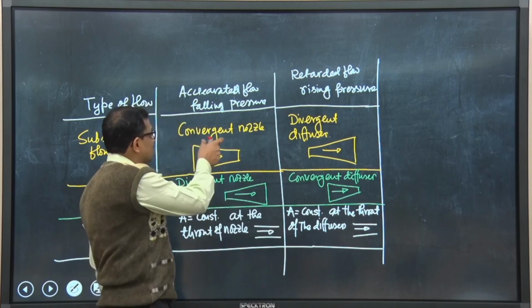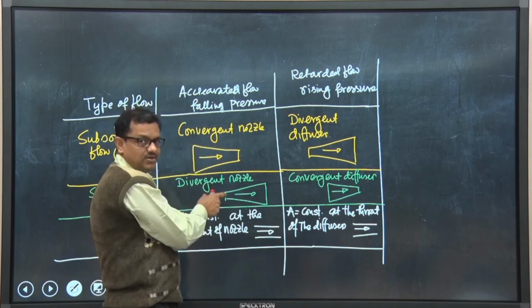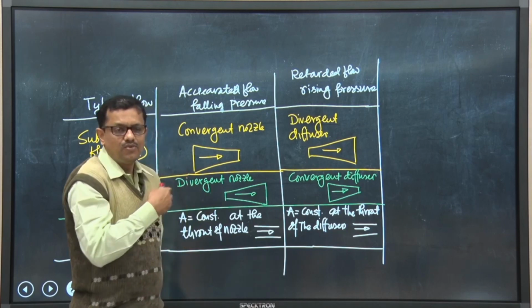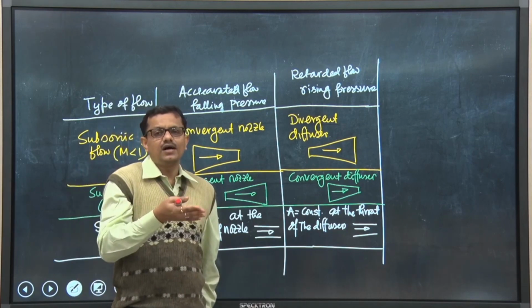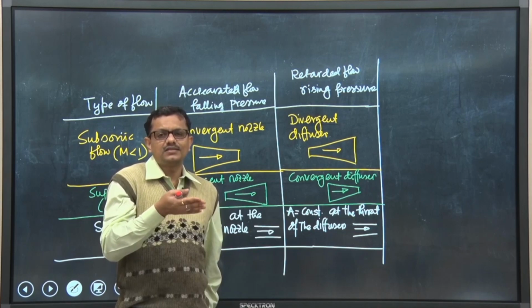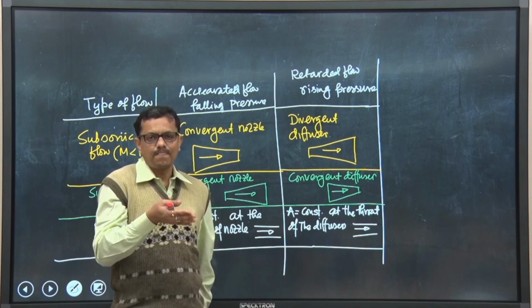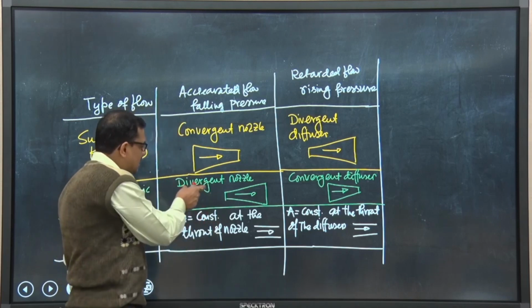So, I have written convergent nozzle and divergent nozzle, because we have studied that we call a channel a nozzle when its area decreases in the direction of flow. Even then I have written divergent nozzle.